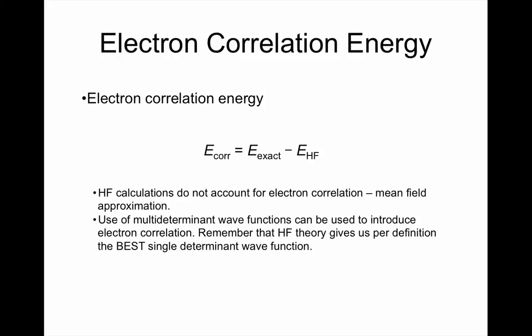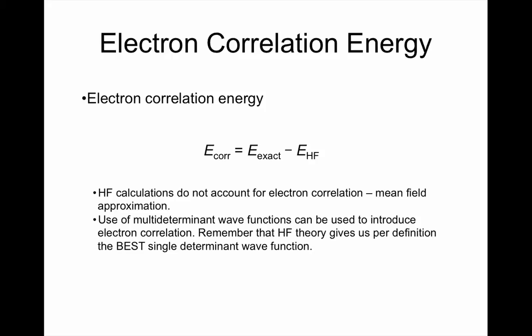Associated with this correlation is, of course, a correlation energy, and we define here the correlation energy as being equal to the exact energy for the system minus the Hartree-Fock energy, that is, the mean field energy. So the correlation energy here gives us a number which indicates how important effects of direct electron-electron interactions are in our system.